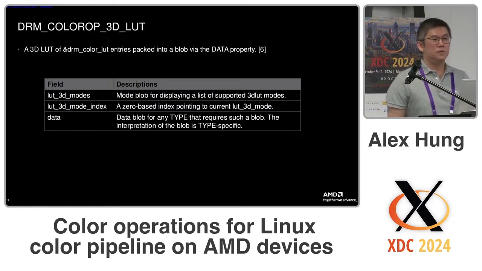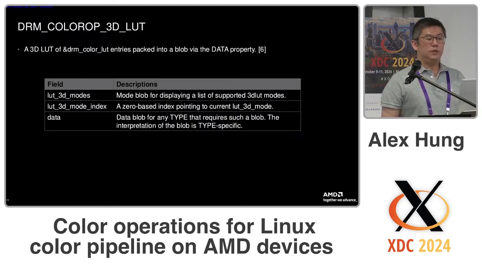And the final one will be a 3D LUT. A 3D LUT is more complicated, so it has 3 fields. The first one will be a list of the supported modes, and a 3D mode basically describes the 3D LUT itself, the format of the 3D LUT. Because a hardware can support multiple different modes, we have to return a list of the 3D modes.